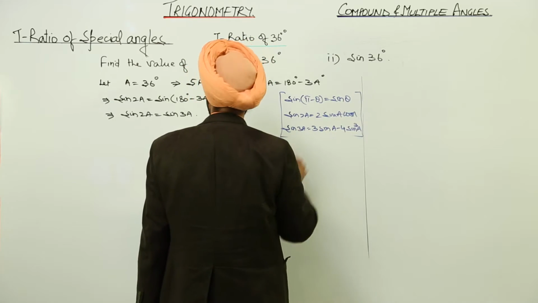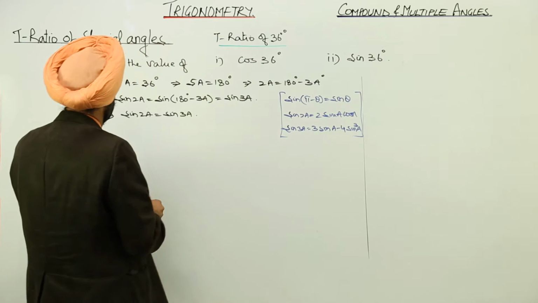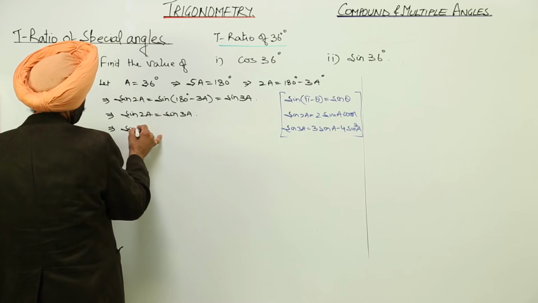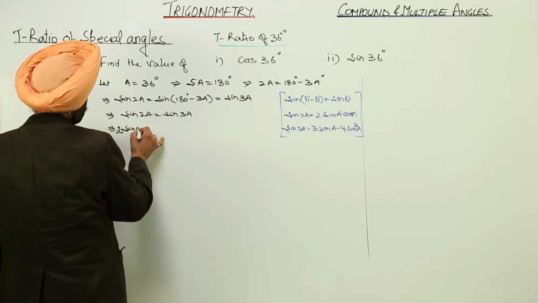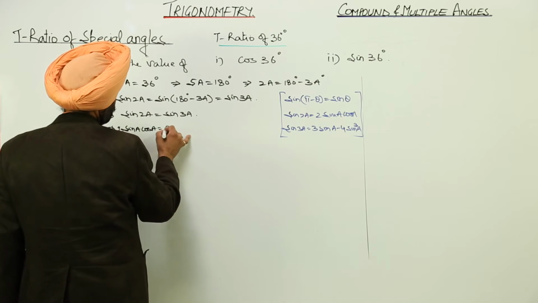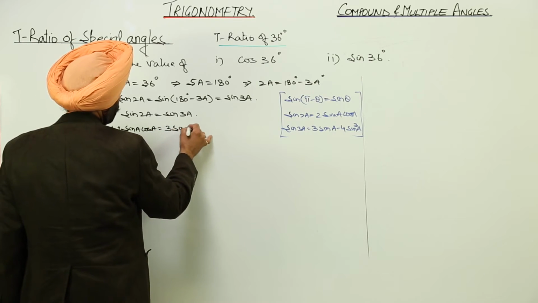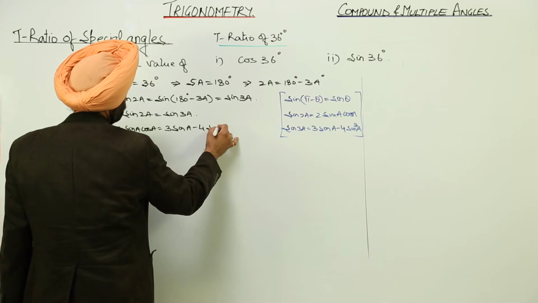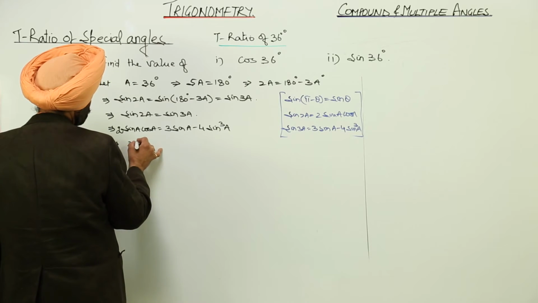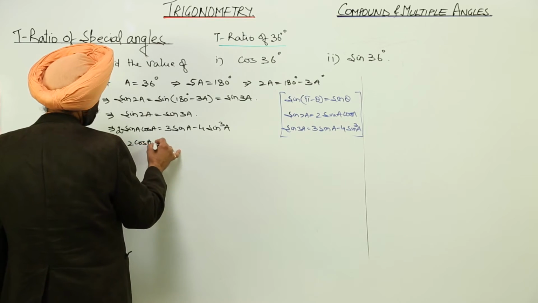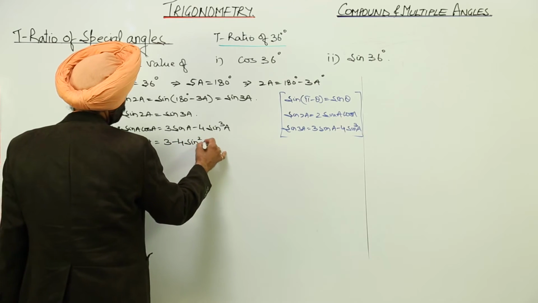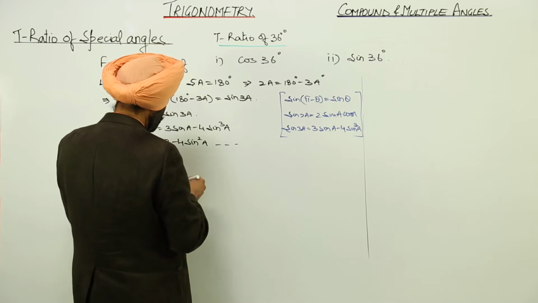Now just evaluating the values. Twice of sine A cos A is equal to 3 sine A minus 4 sine cube A. So 2 cos A is equal to 3 minus 4 sine square A. Now what we have done?